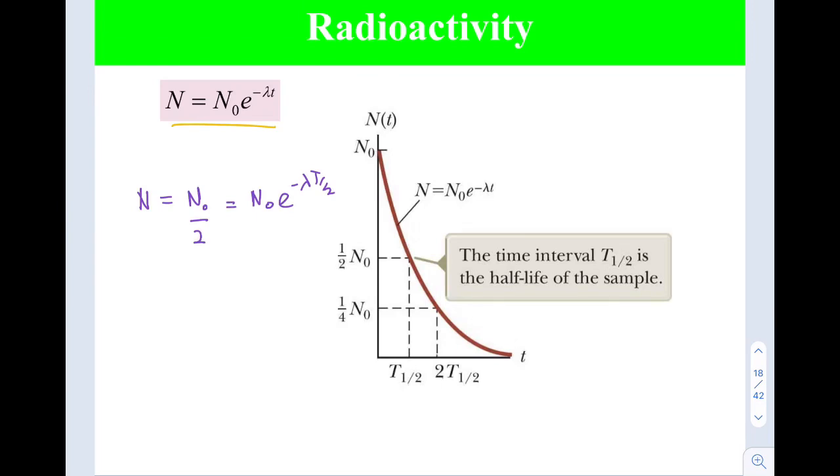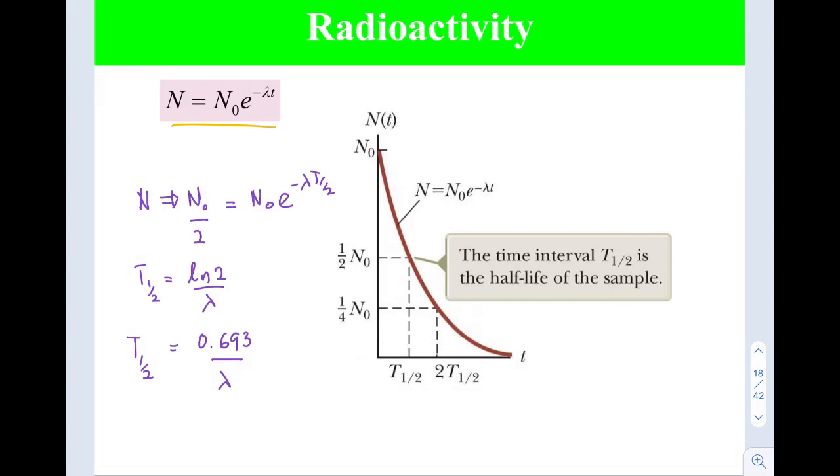Cancelling the N naught factor, we will have T half equivalent to ln 2 over lambda, which is 0.693 over lambda. So this is a formula to figure out the half-life of a nuclei or radioactive material.